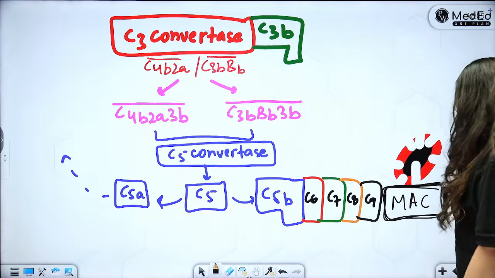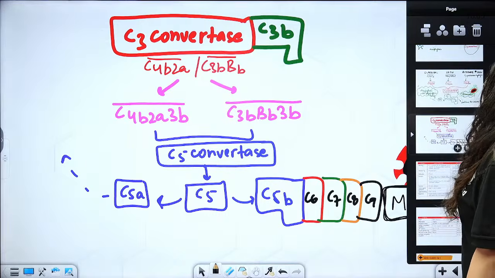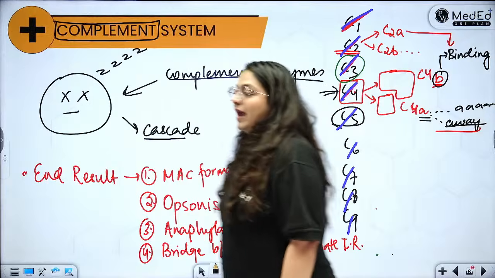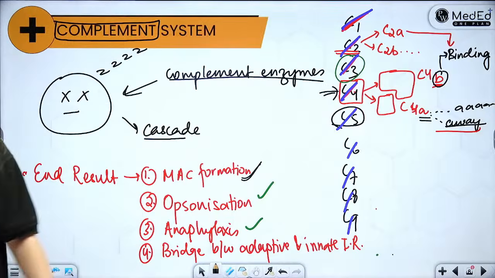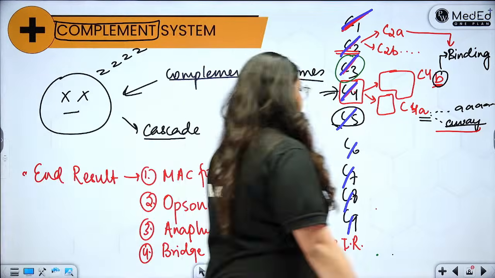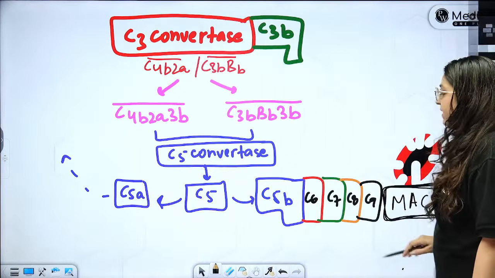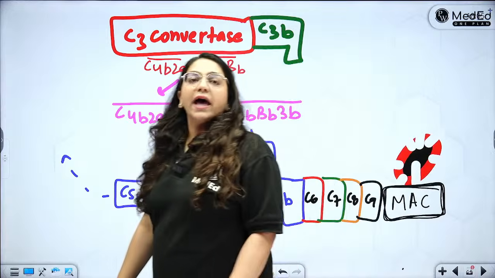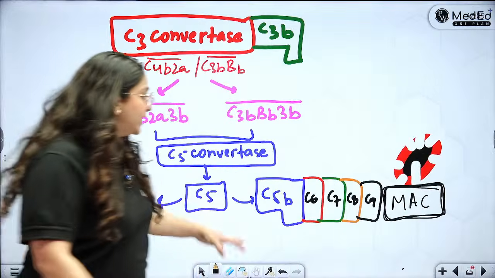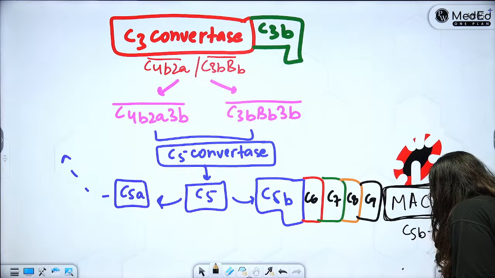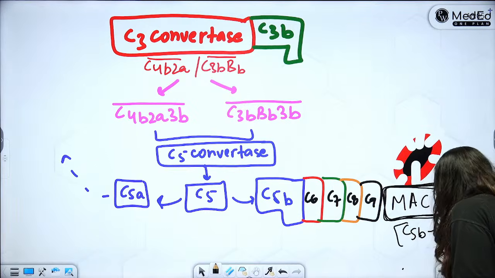So what was the final step which had to happen out of this complement activation? MAC formation. And we have just seen how this MAC formation happens. So what is the formula of MAC or membrane attack complex? C5b6789 complex.